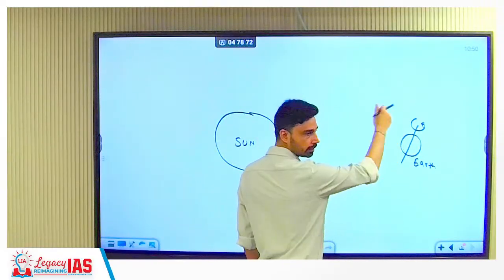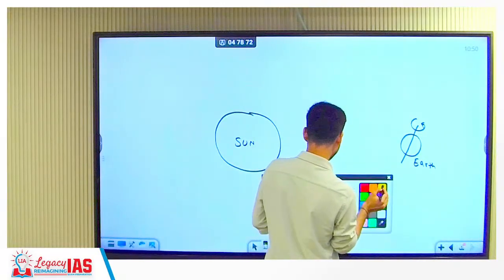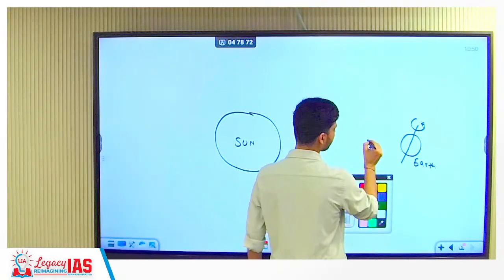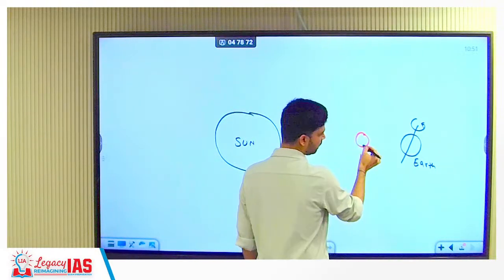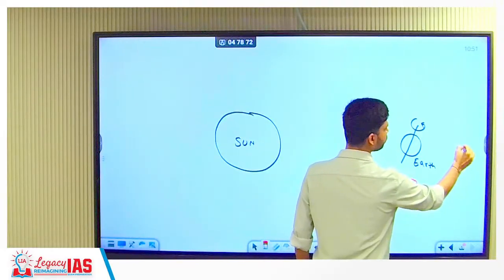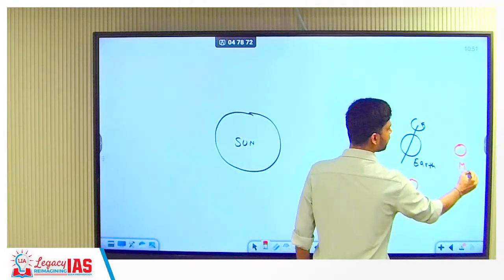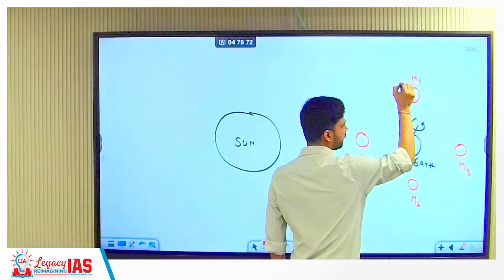Moon is carrying out its own revolution around the Earth as such. So based on this, 4 distinct positions of moon we can mark. So let us suppose this is M1, Moon is here, then Moon rotates, goes to M2, then Moon rotates, it goes to M3, and then further it rotates and goes to M4.